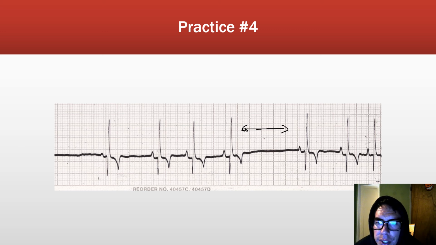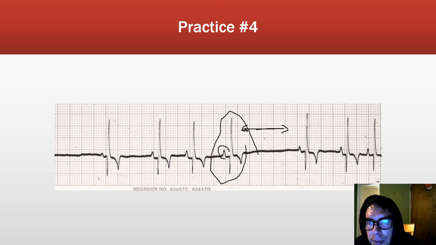Even though there's this gap in here, and there's usually a gap after an ectopic beat, this one is not an ectopic beat. I can tell because the P waves match the other ones, and so does the overall QRS complex. It's all identical to the other ones. So therefore I can tell that it's coming from the same place and not an ectopic beat.